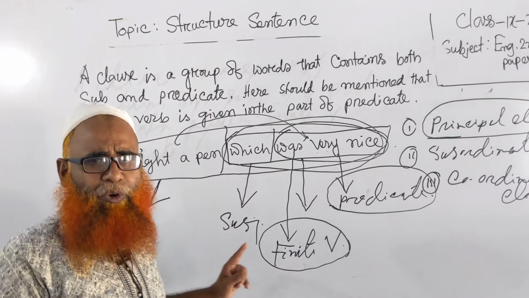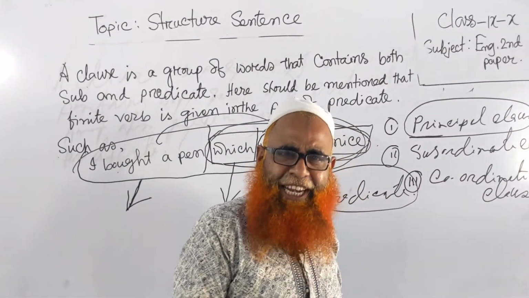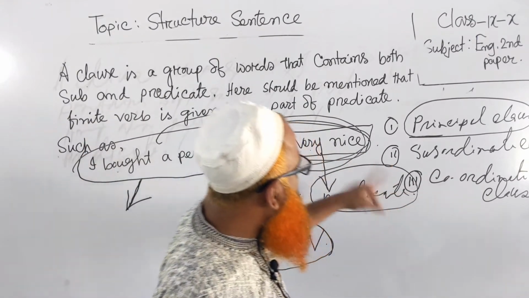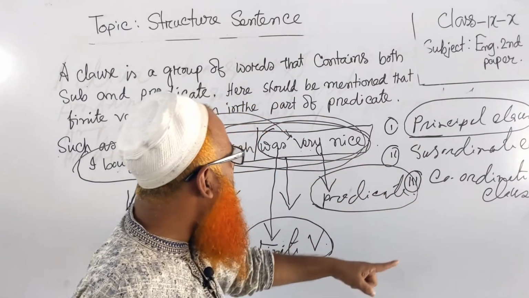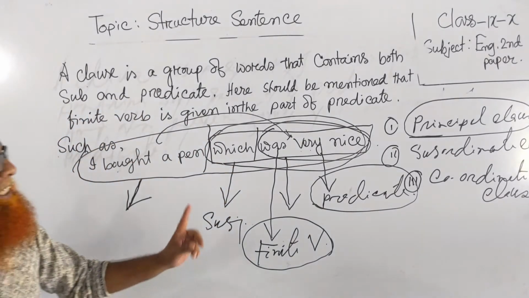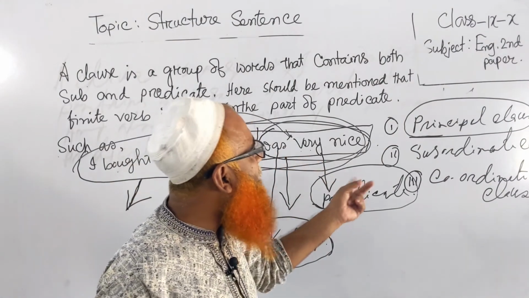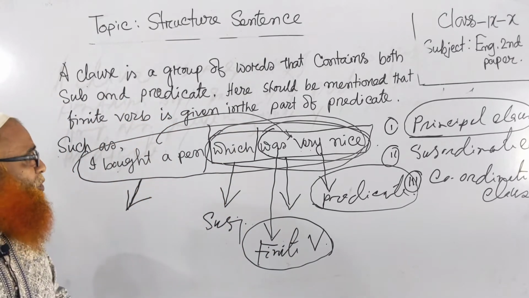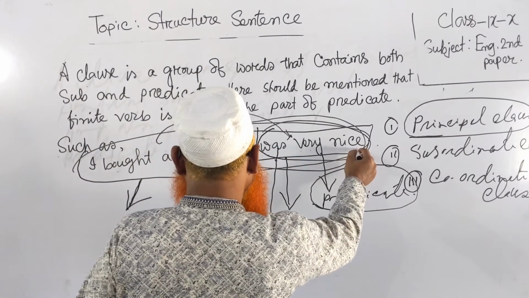Now, we are going to learn subordinate clause. Subordinate clause means it always depends on the principal clause to express its meaning. It does not complete its meaning without the help of principal clause. Okay? We notice: I bought a pen which was very nice.